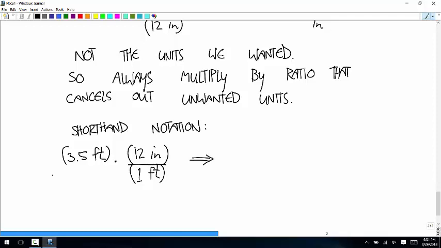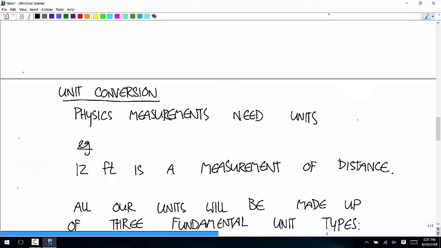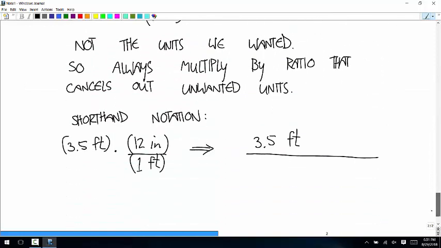Instead of writing out all those parentheses, I'm going to just write it as 3.5 feet with a fraction bar, and where the parentheses come in, I'm just going to write those as a vertical line. Just saves pen strokes. A few of these will be pretty long because you'll be canceling out a lot of different units in these combinations.